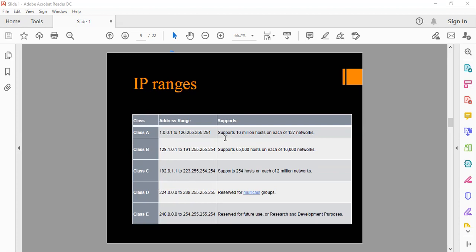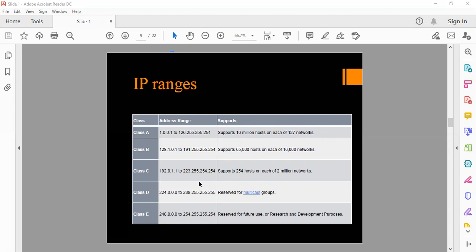Class A addressing supports 16 million hosts on each of 127 networks. How do you have 127 networks? Its range is from 1 to 126, meaning about 127 networks.